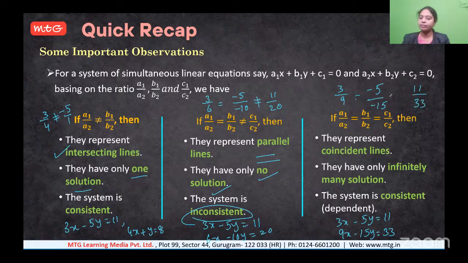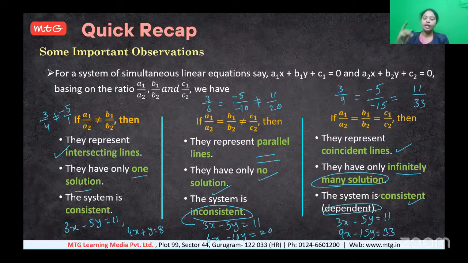All values are the same. This is a scenario where we get coinciding lines, which leads to infinite solutions. In this case, we call them consistent dependent equations.